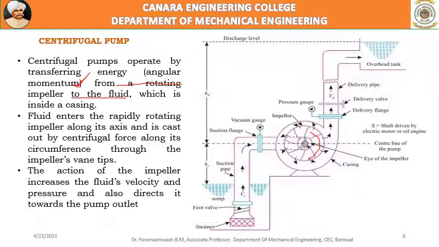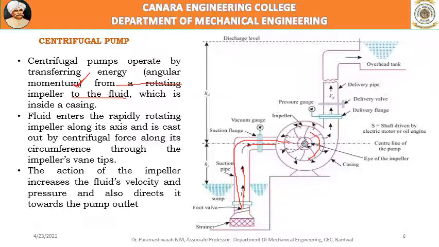The fluid enters at this suction side because of the vacuum created. When the impeller rotates at high velocity, it pushes whatever is inside out, vacuum is created, and due to that vacuum, the liquid rises into this; suction takes place.